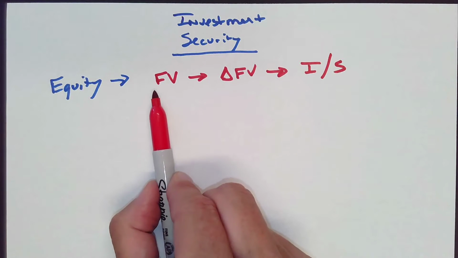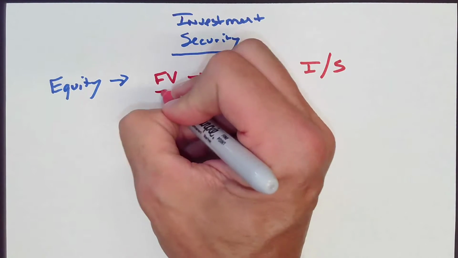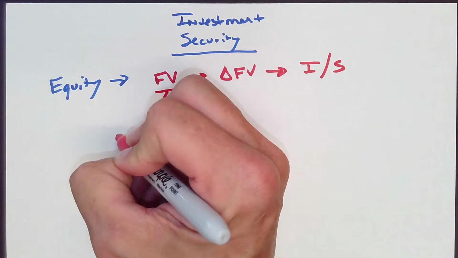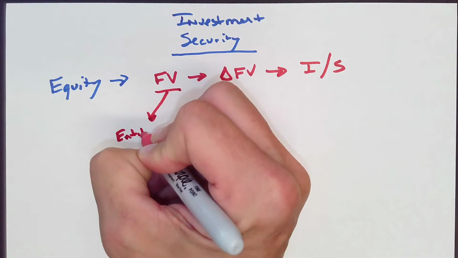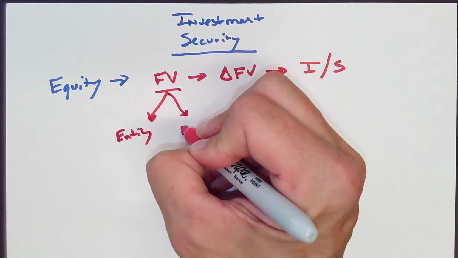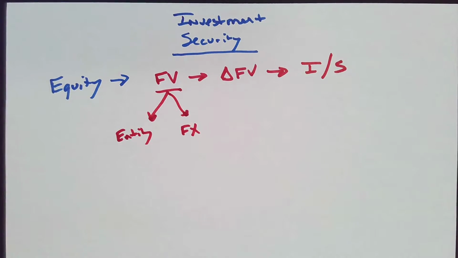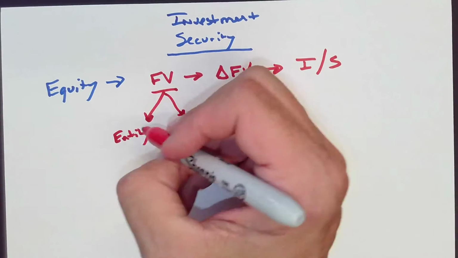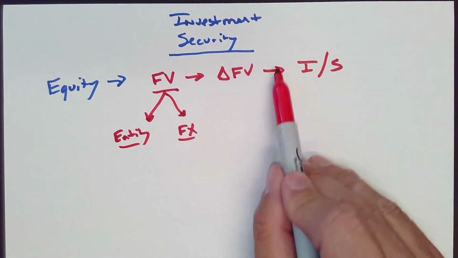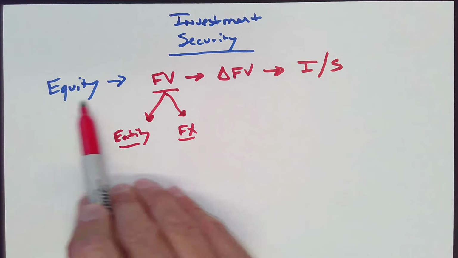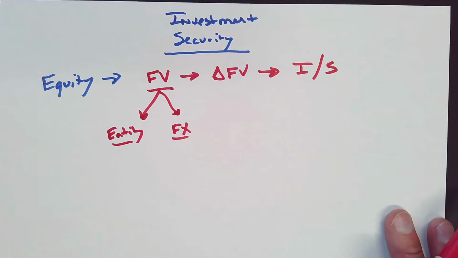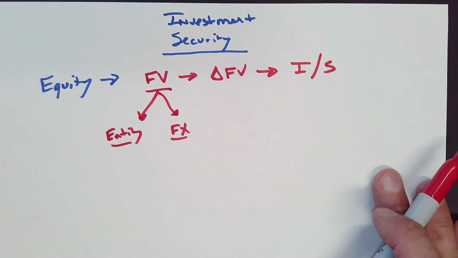Then when we do the fair value calculation, not only are we dealing with fair value changes due to the entity, but we're also likely dealing with fair value changes related to any FX differences. So the fair value of both of these items is captured here, and it's already going through the income statement. So for equity securities, there's not a separate FX transaction because everything's at fair value anyway.